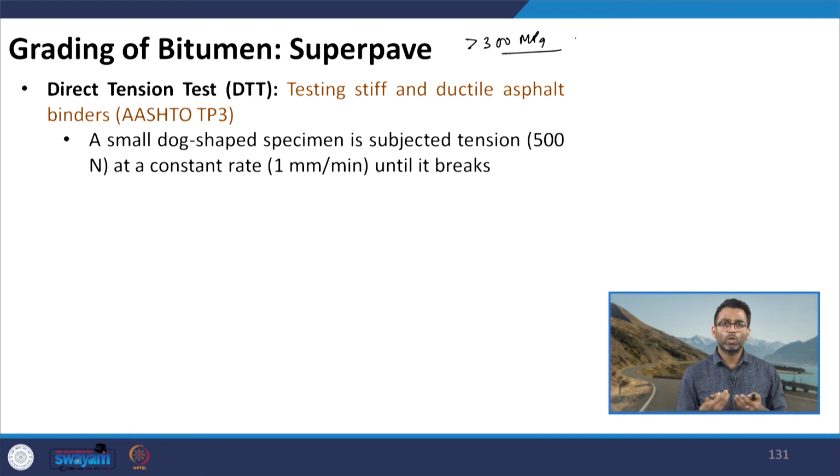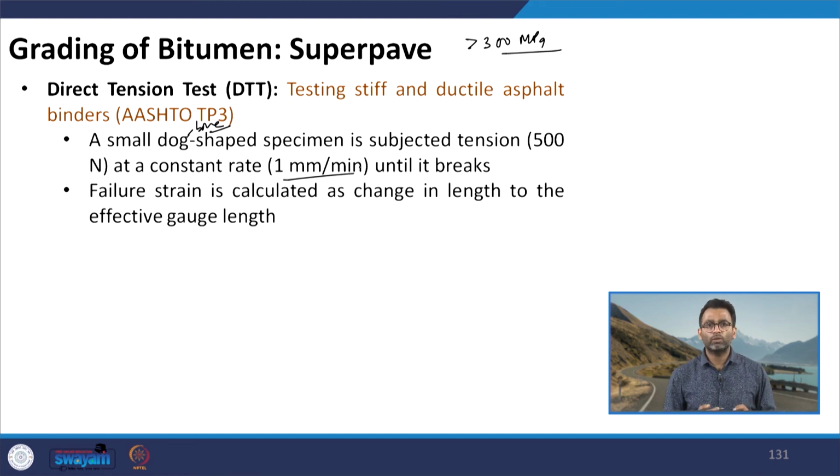Here, we use a small dog bone shaped specimen, which is subjected to tension at a constant rate of 1 mm per minute, and we apply a load of 500 Newton, and we apply the load until the sample breaks.